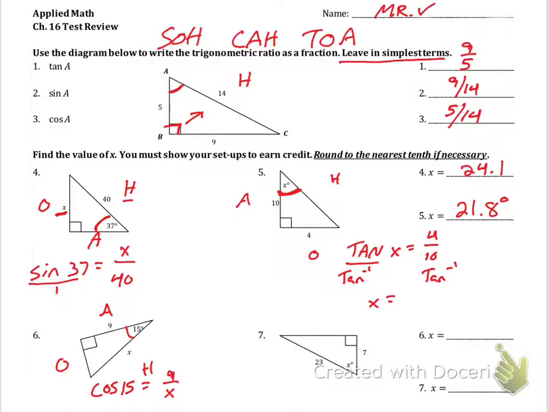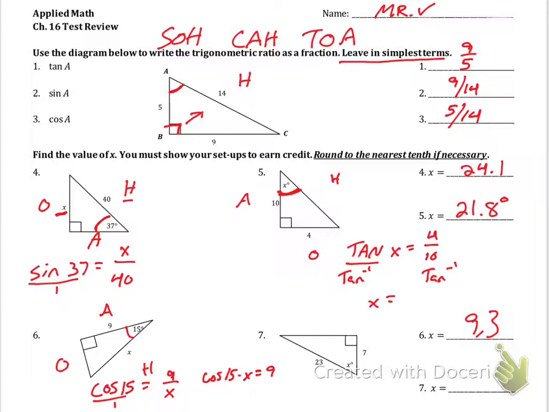Remember this is just over 1, and then we cross multiply. So cosine 15 times x is equal to 9. Then I'm going to divide both sides by cosine 15. So 9 divided by cosine 15 is going to be equal to 9.3.